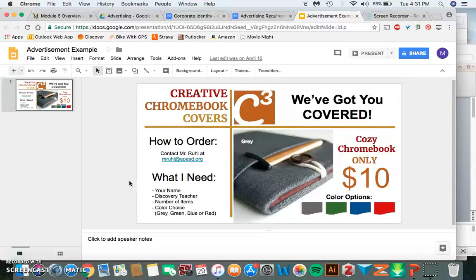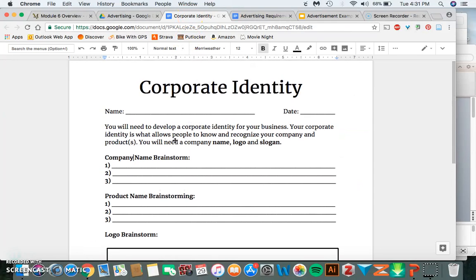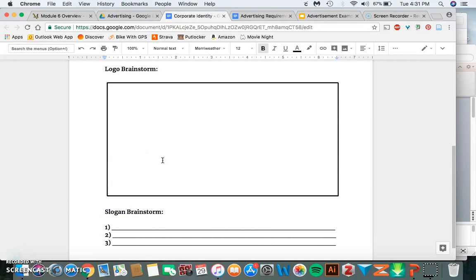So looking at the Universal Design for Learning guidelines, the first section there of engagement, I think some of the components that I incorporate into these is optimizing student choice because they are in the corporate identity developing their own company name, company product, logo, as well as slogan.